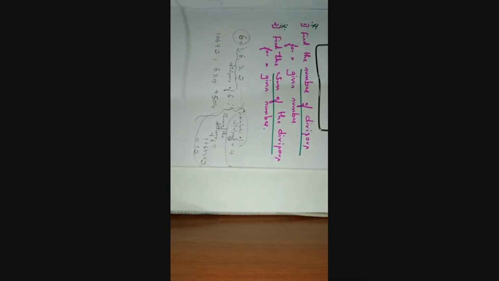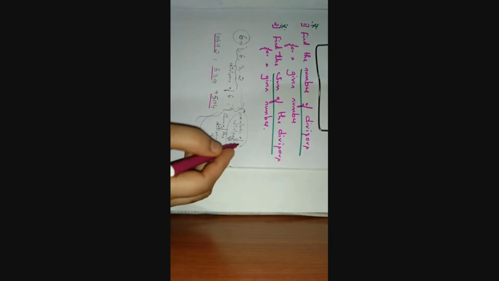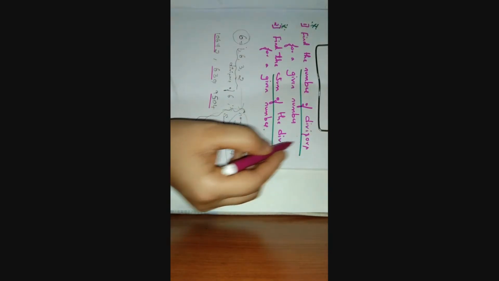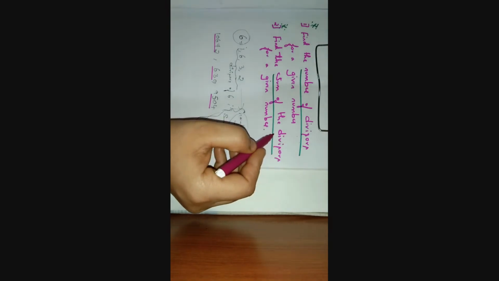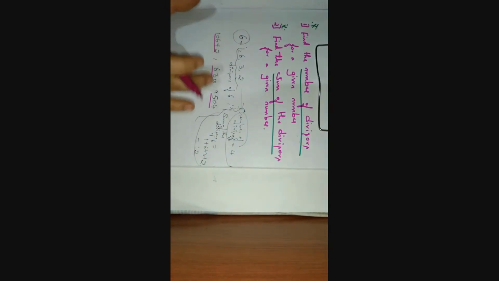When it comes to a bigger number, something like this, where we need to find the number of divisors and the sum of the divisors, it's very difficult for me to get this, or in other words, it will take more time.